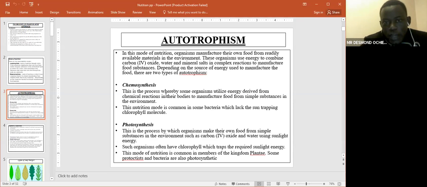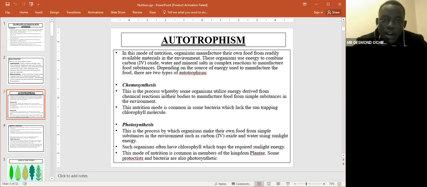If you look at my screen, I have stated clearly there that depending on the source of energy used to manufacture the food, there are two types of autotrophism. I mentioned earlier that this energy used to combine carbon dioxide, water, and mineral salts in the complex reactions can either be obtained from the sun, and that is the sunlight energy, or it can be obtained from the chemical reactions, which we know occur inside the bodies of organisms.